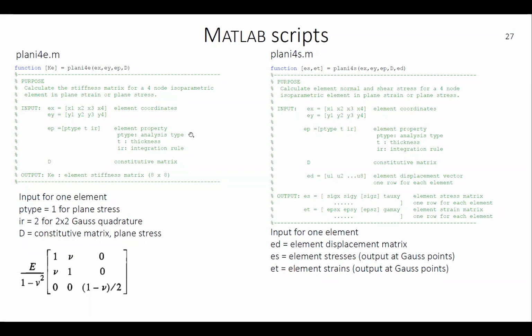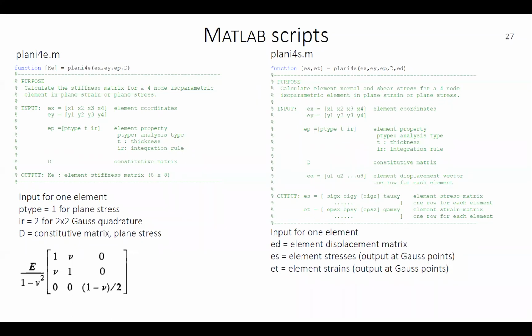And this will give you the K matrix, and after that you need to assemble the component of the stiffness matrix to the different elements and apply the boundary conditions, apply the loads, and solve for the global displacements.